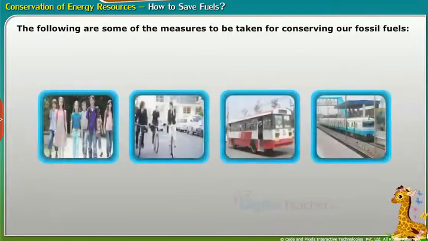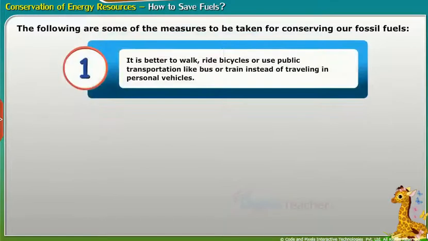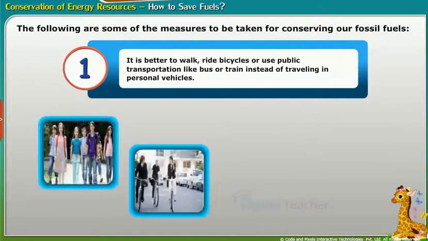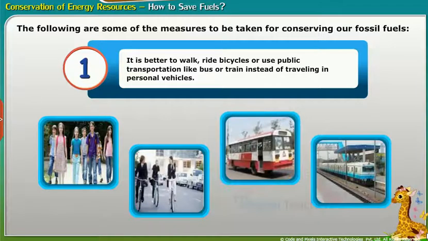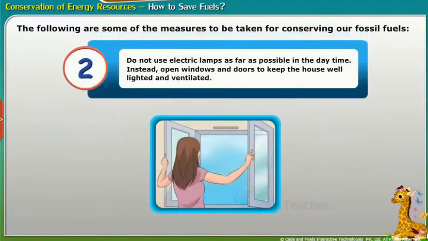The following are some of the measures to be taken for conserving our fossil fuels. It is better to walk, ride bicycles, or use public transportation like bus or train instead of traveling in personal vehicles. Do not use electric lamps as far as possible in the daytime.